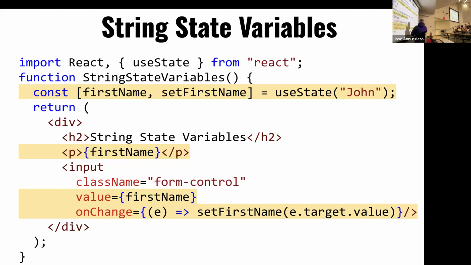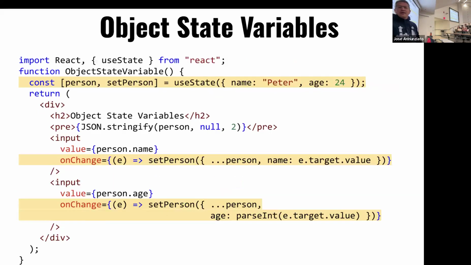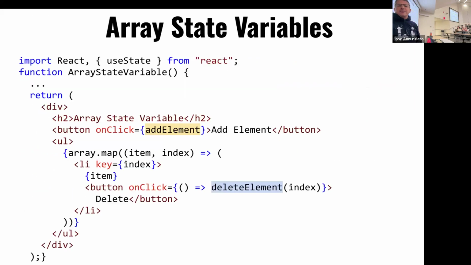So what we're doing here is updating the first name for every single keystroke, accumulating all the small changes, keystroke by keystroke. As you type, we'll see the first name change, increase or delete, for every single keystroke. Pretty good, right?